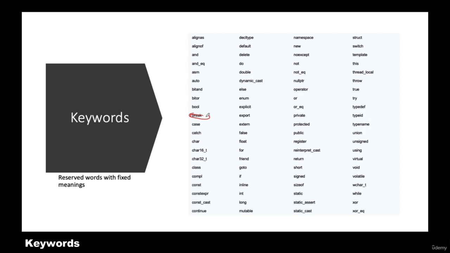The break keyword is used when we want to stop the execution at a particular point. Each keyword listed here has a fixed meaning and can do something. So that's why we use keywords. These are the important keywords which we use in the C++ programming language.